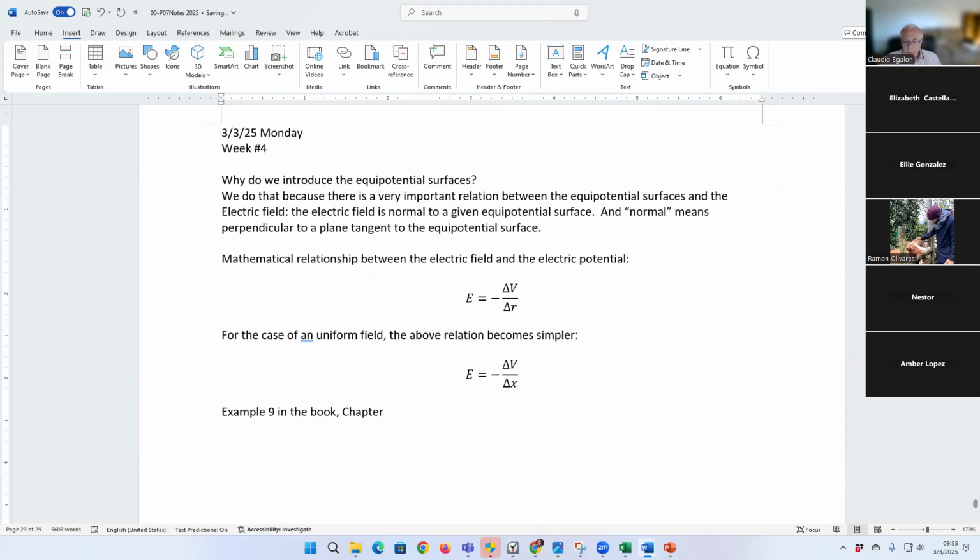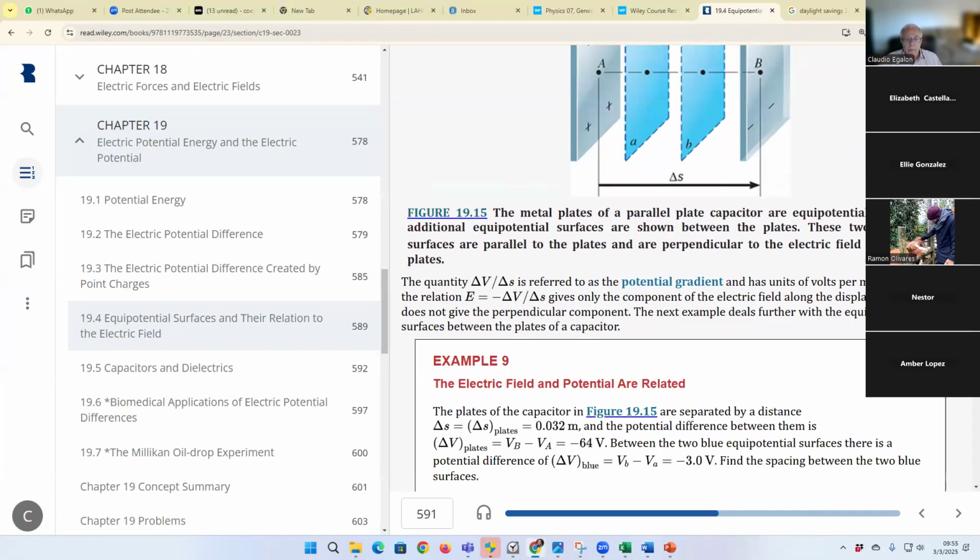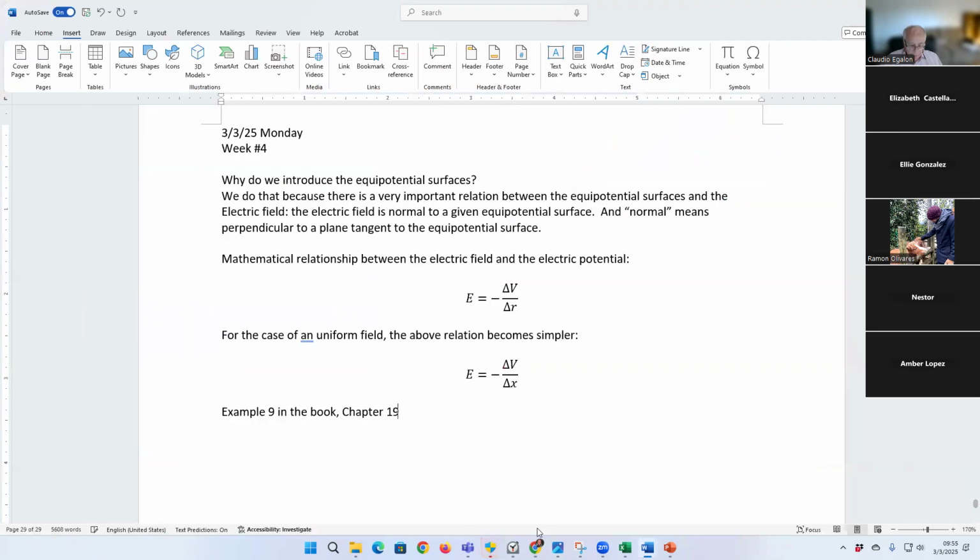Chapter 19. Two parallel plates uniformly charged with positive and negative charges respectively.